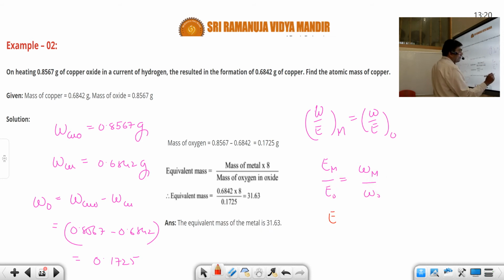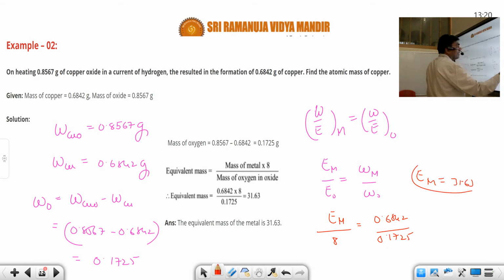So equivalent weight of metal you have to find, by equivalent weight of oxygen is 8, and weight of the metal is given as 0.6842 by weight of the oxygen, 0.1725. So equivalent weight of metal comes out to be 31.63. I hope you understood.